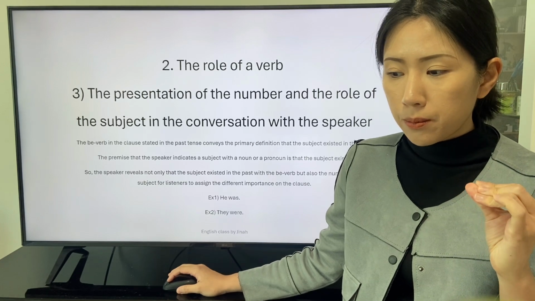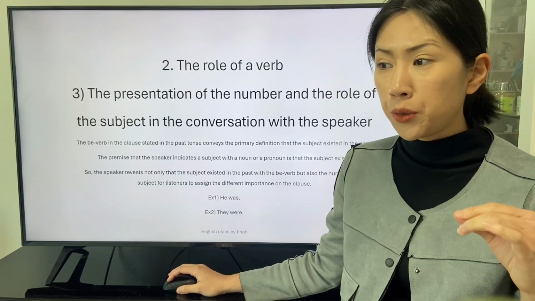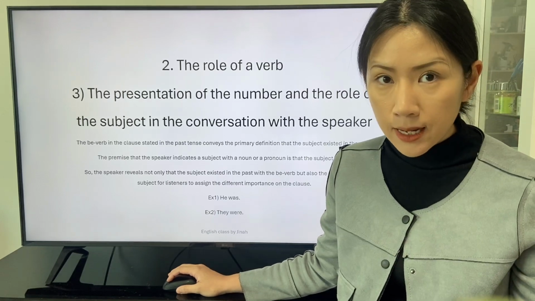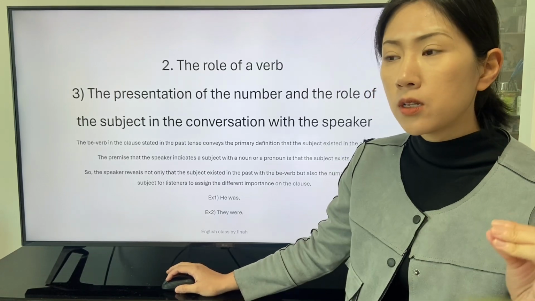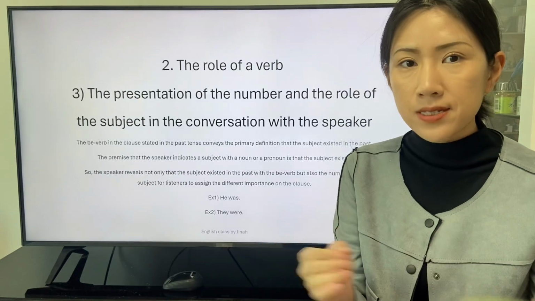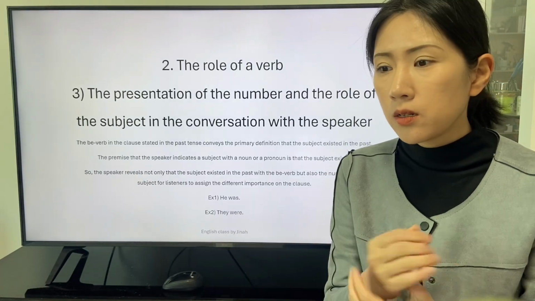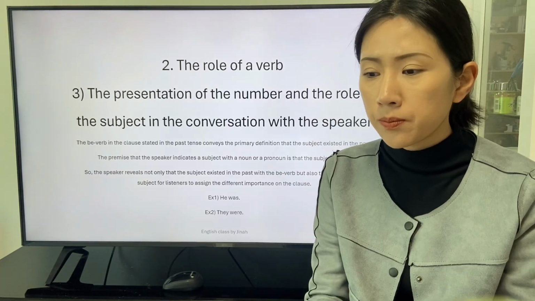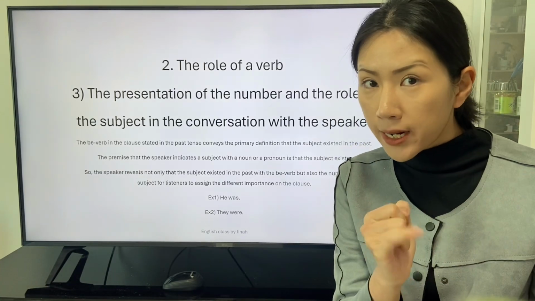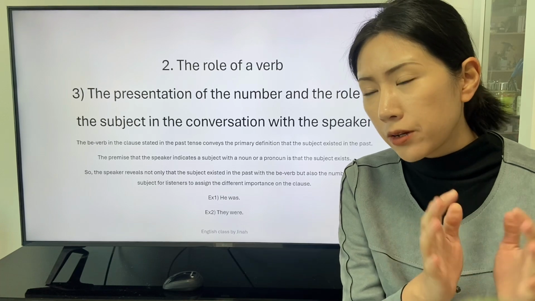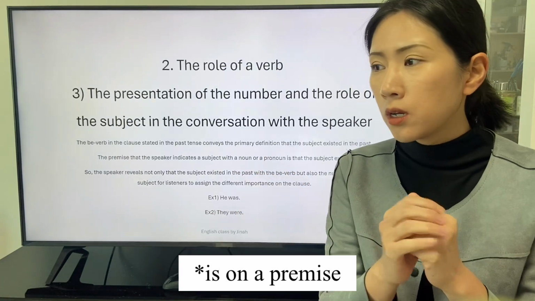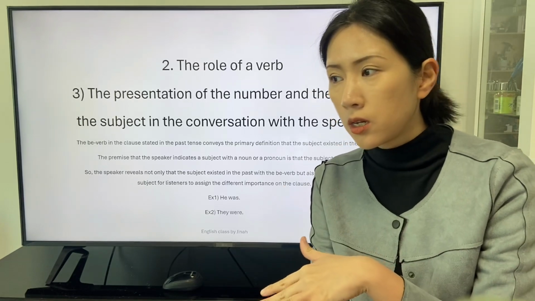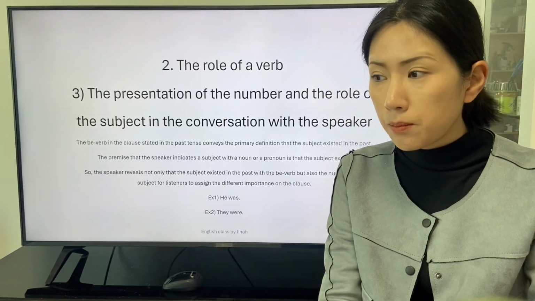The speaker who mentions the past existence of the subject gives the priority on the number of the subject because the fact that the subject is indicated by a noun or a pronoun is the premise that the subject existed.